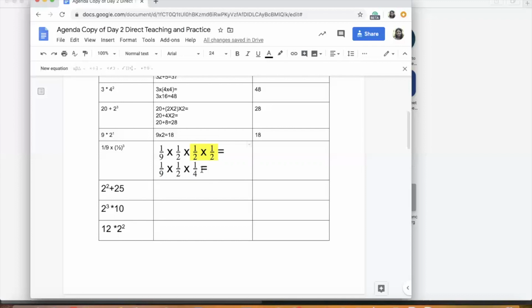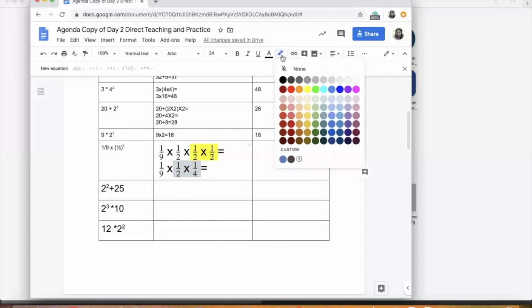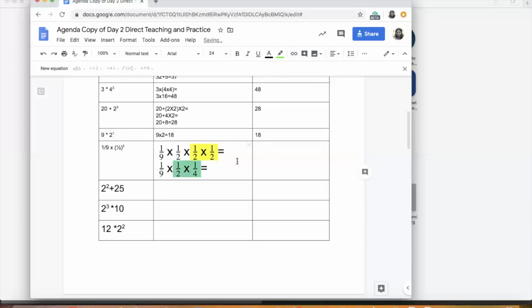So for my next row, I'm going to do these two next, only because they're easier to do, but you can go in any order you want.